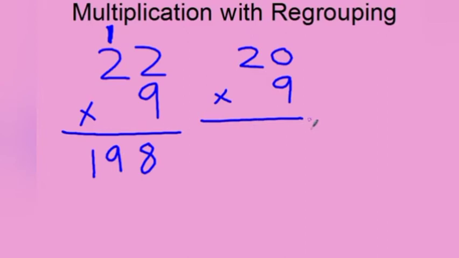Now, isn't 20 times 9 easier to multiply than 22 times 9? So it says estimate. Take the bigger number and round it to the nearest 10. 20 times 9, or 9 times 0 is 0. 9 times 2 is 18. So this is estimating. And this is with regrouping.